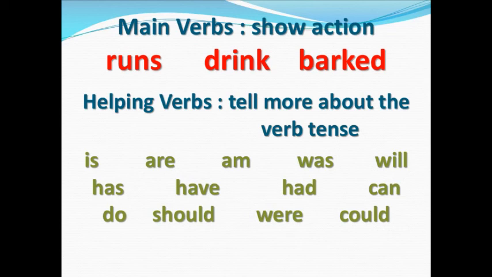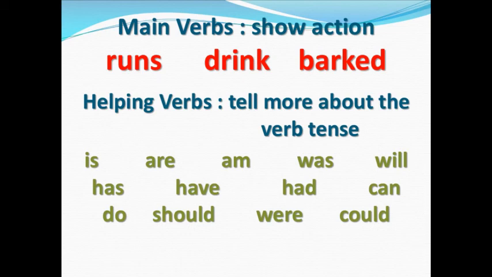Now here we will try and understand what a main verb is and what a helping verb is. The main verb in the sentence shows the action. It is the important verb in the sentence. Whereas the helping verb tells you more about the verb tense, when that action was happening.